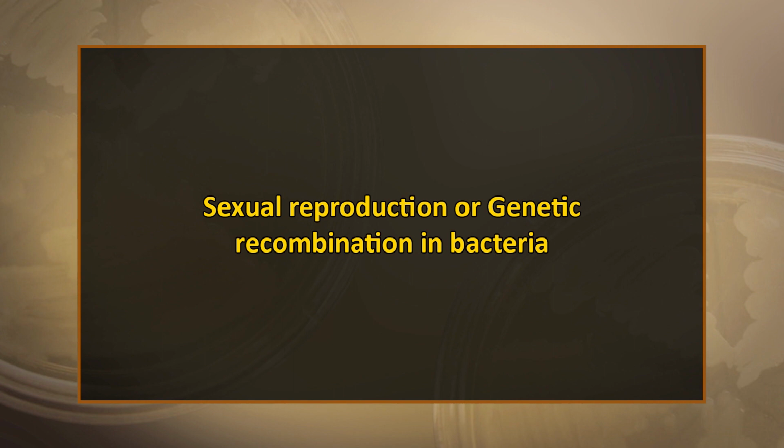Now, coming to the second type of bacterial reproduction, that is sexual reproduction or genetic recombination in bacteria. Cytological observations and genetic studies indicate that something like sexual reproduction involving the fusion of two different cells and a transfer of hereditary vectors occurs in bacteria, although infrequently.